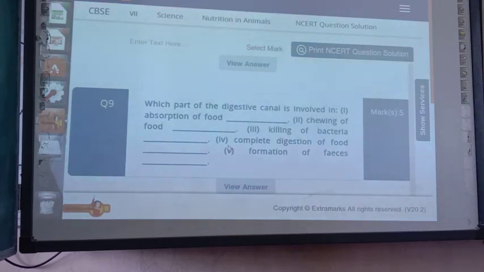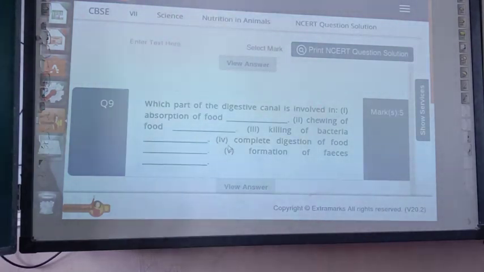Which part of the digestive canal is involved in absorption of food? Small intestine. Chewing of food: buccal cavity. Killing of bacteria: stomach, due to release of hydrochloric acid. Complete digestion of food: small intestine. Formation of feces: large intestine. So these are the parts of the alimentary canal which are involved in these processes.